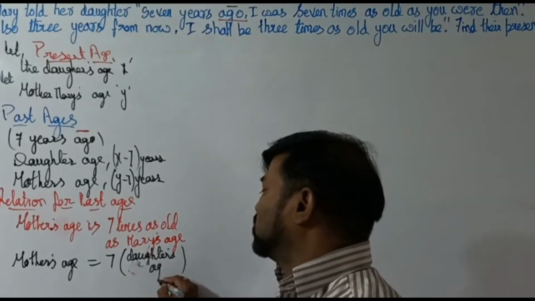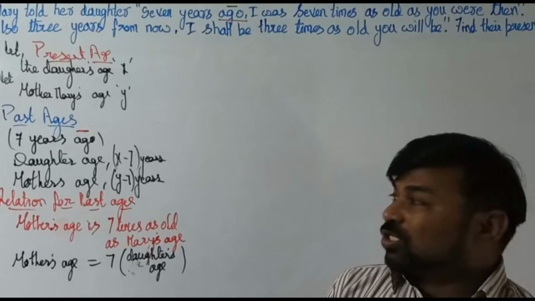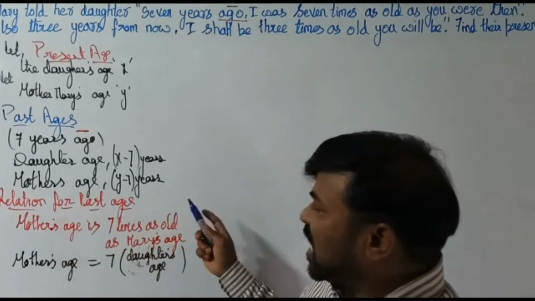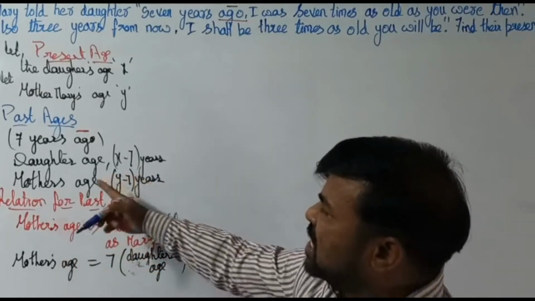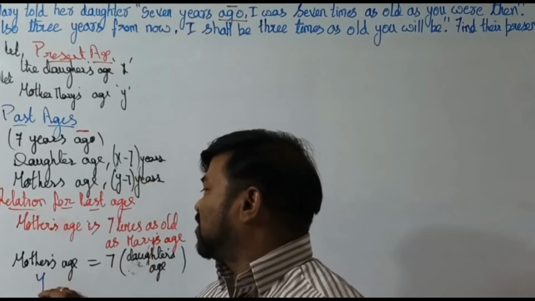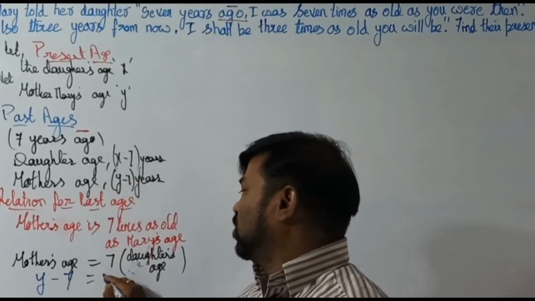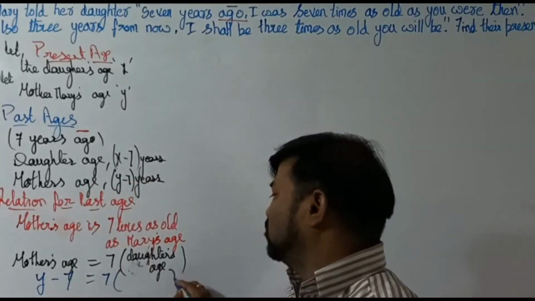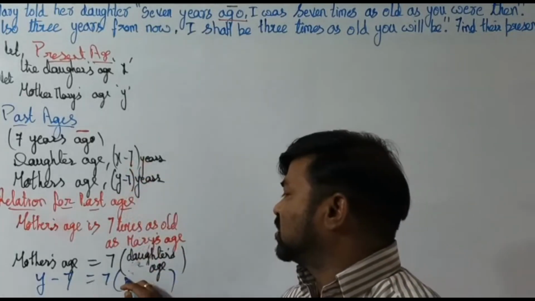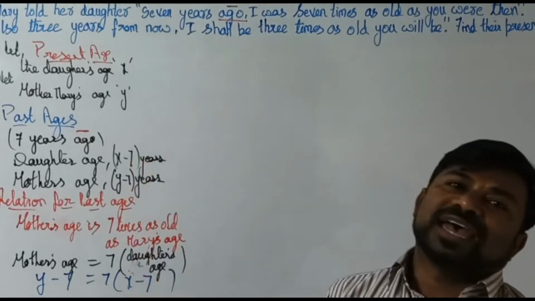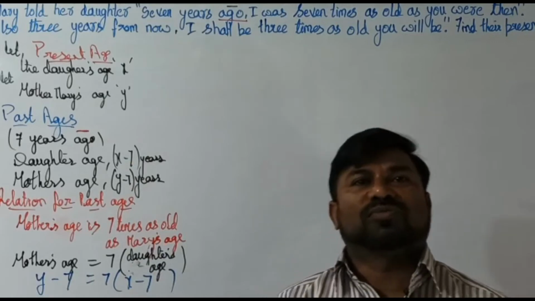We'll take it as the daughter's age only. So what is the mother's age? The mother's age is y minus 7 equals 7 times the daughter's age, which is x minus 7. And this is the first relation that we got.